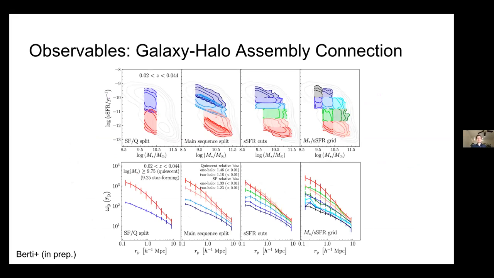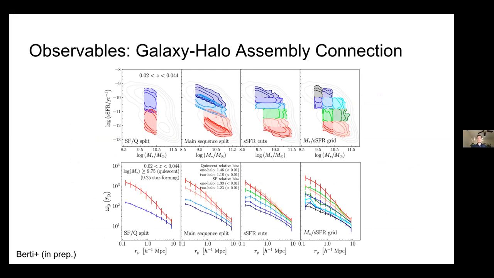Another thing that we heard about at the 2017 meeting was from Alison Coil, who was looking in PRIMUS at the clustering of galaxies in different places along the star-forming main sequence, off the star-forming main sequence. The student Angela Berti has been doing some great work looking in Sloan, seeing if this effect continues down to redshift 0. It does.